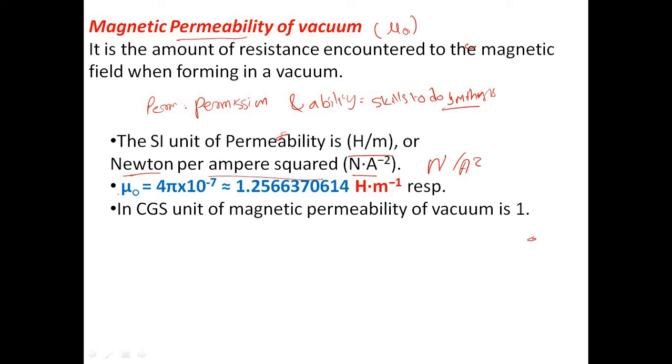The value of mu naught is 4 pi into 10 raised to minus 7, and if we calculate it, it has an approximate value of 1.2566370614 H per m, or N per A squared, respectively. This is in SI. The CGS unit of magnetic permeability in a vacuum is 1.